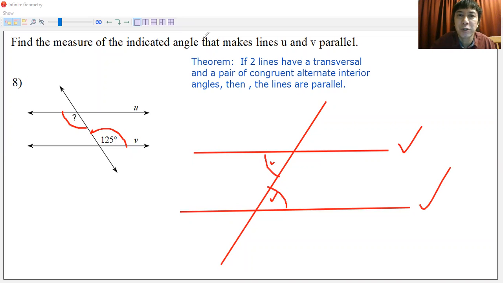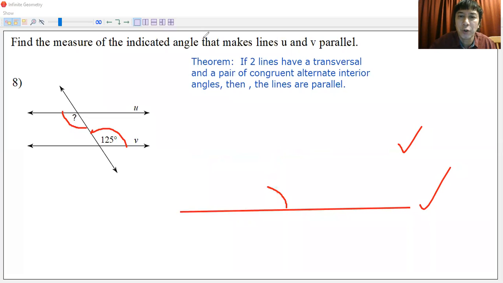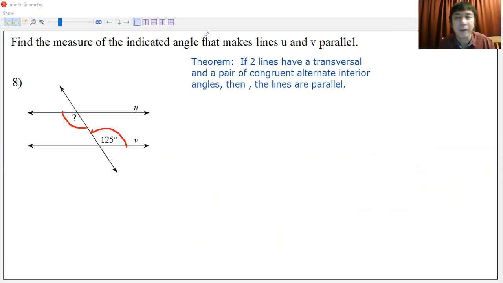All right, so let's proceed to our solution. You can identify the angle there. That should also be 125 degrees because of the required condition. If the two angles are equal, then lines U and V are parallel. So the answer is 125 degrees.